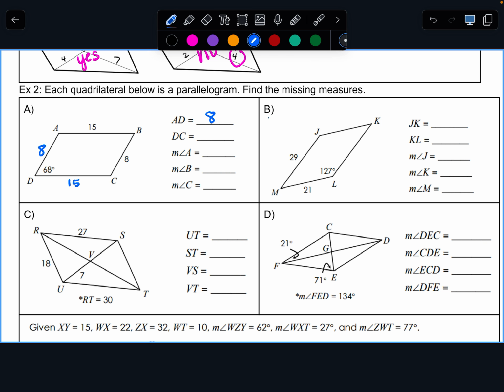DC is 15. Angle A, well, since same side angles are supplementary, I just need to subtract 68 from 180. So 112, which means C is also 112 because it's an opposite angle, and B is 68.